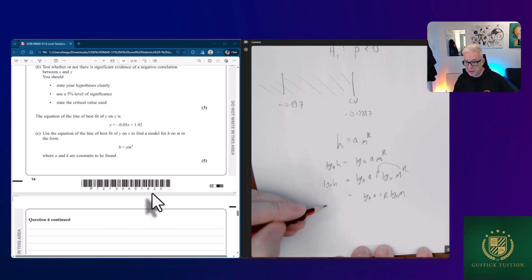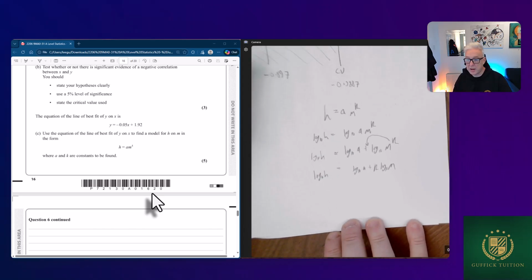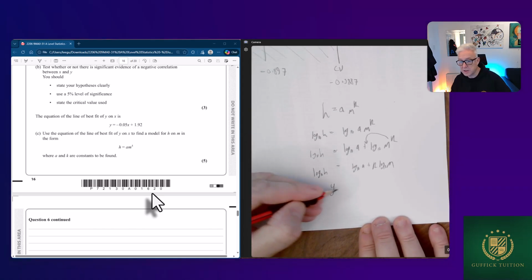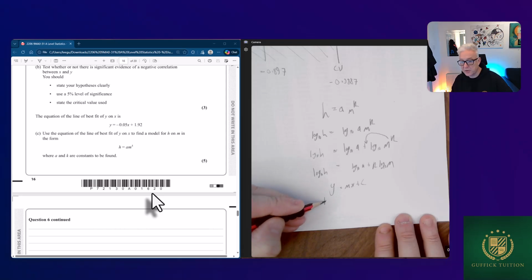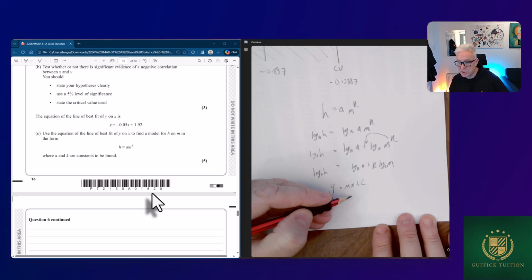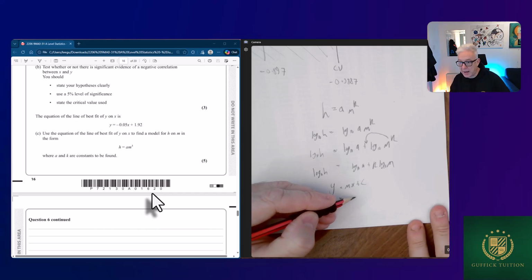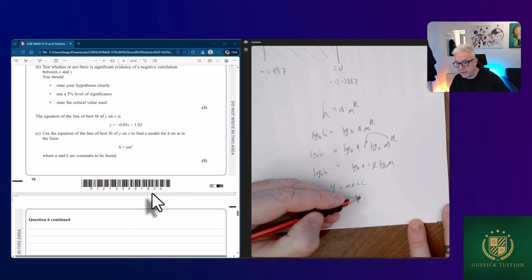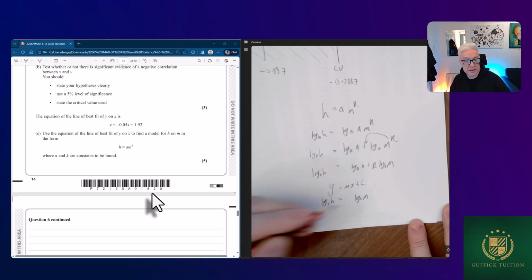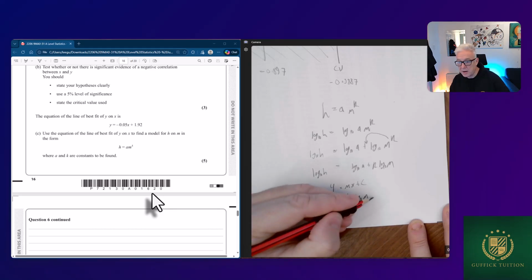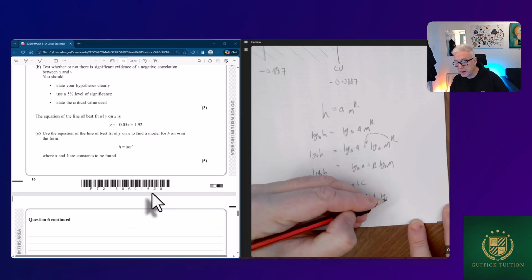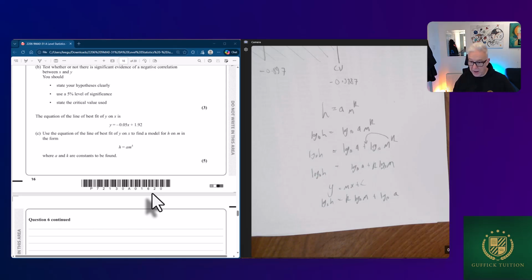Finally, I'd like to rewrite that into the form y equals mx plus c. So log to the base 10 of h is equal to, now our x is log to the base 10 of m according to the coding given in the question, k x plus log to the base 10 of a.